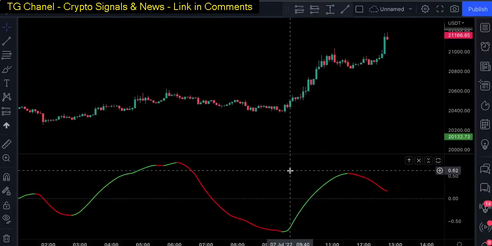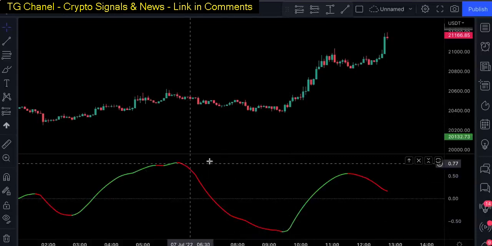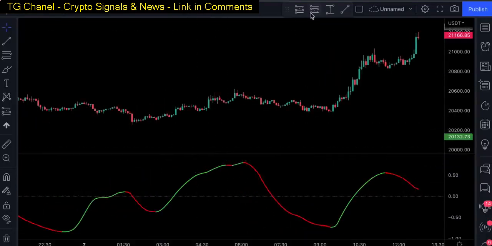And right away we can see that we have fewer false signals, and just take a look at how accurate these signals have become.